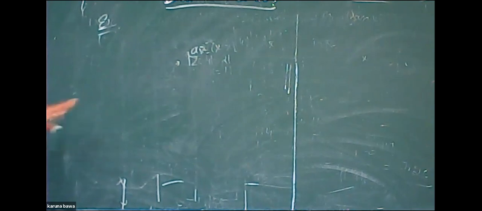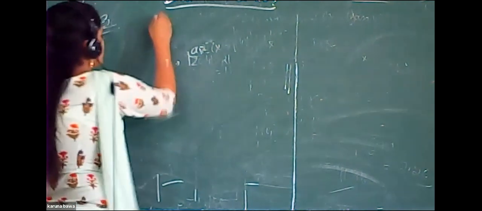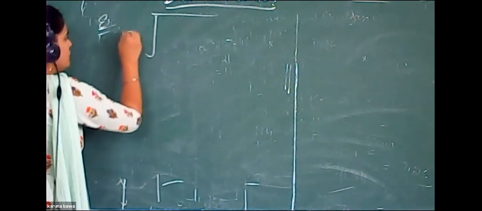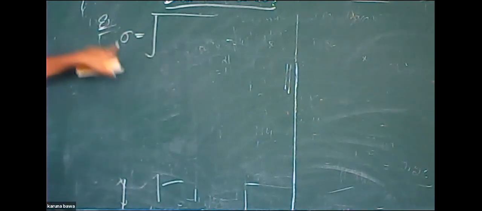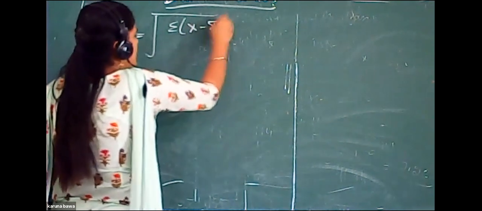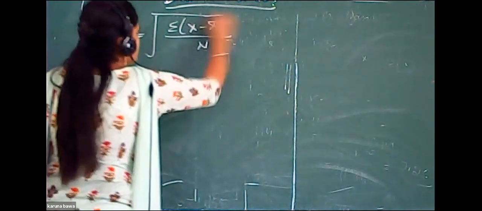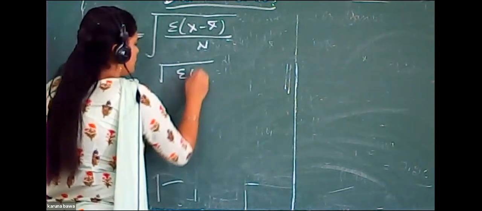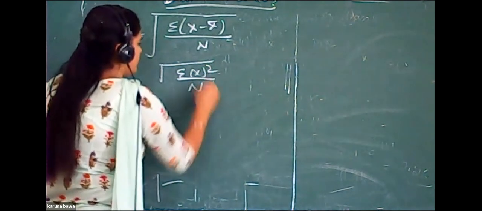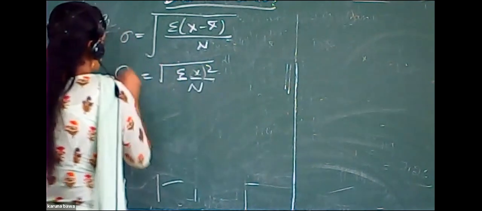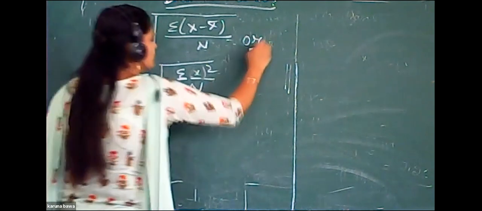The formula of the actual mean method is this: basically this is the sign of standard deviation, the square root of summation x squared divided by n, or this other form.